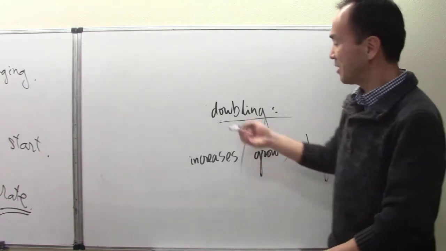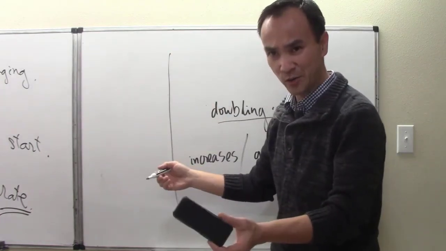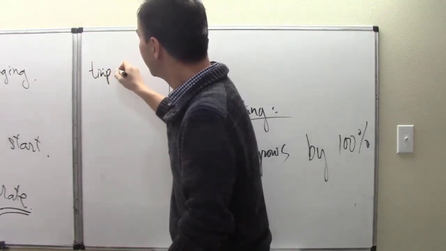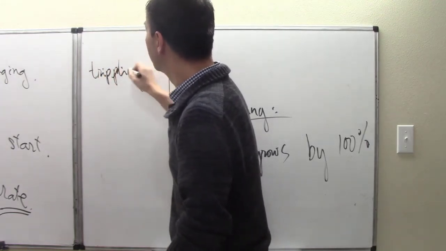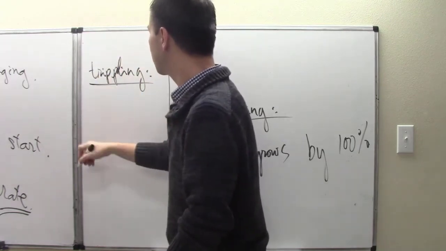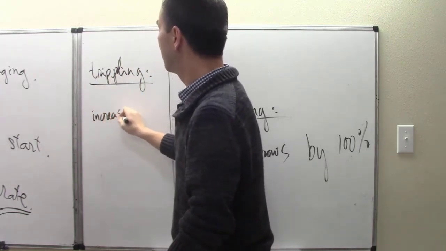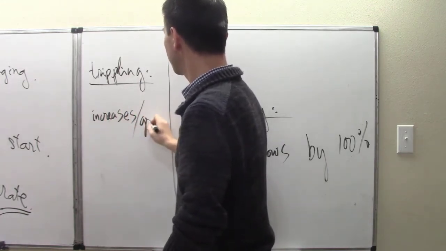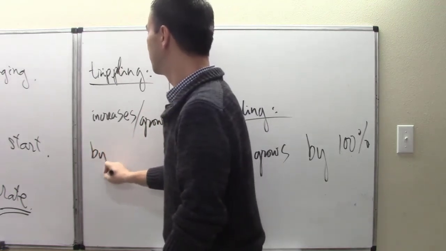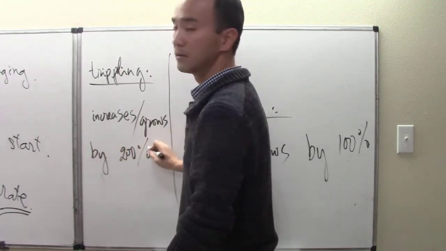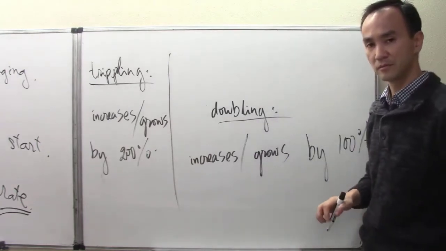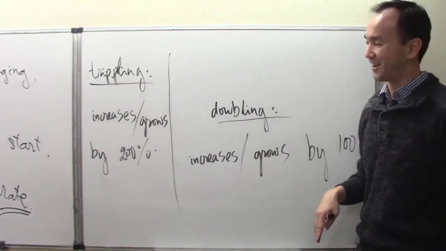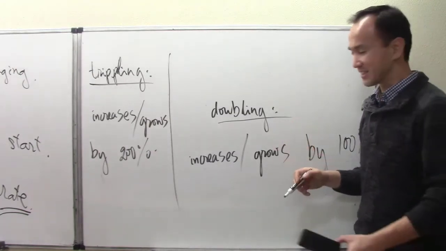And just a little extra for anyone learning from this lesson: tripling would mean we increase, or grow, by 200%. That's what tripling is. All right, so that's some explanation about the wording.